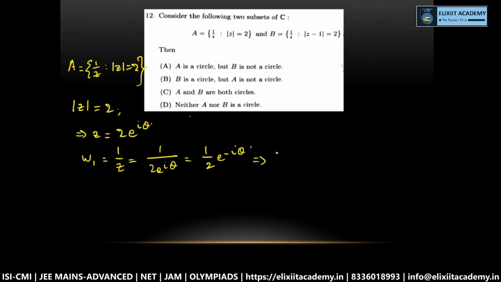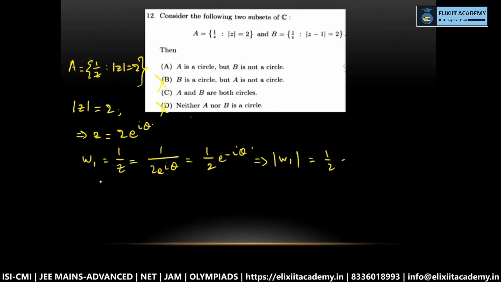So mod of w1 is half, and this lies on a circle once again. So w1 lies on a circle, which means A is a circle.